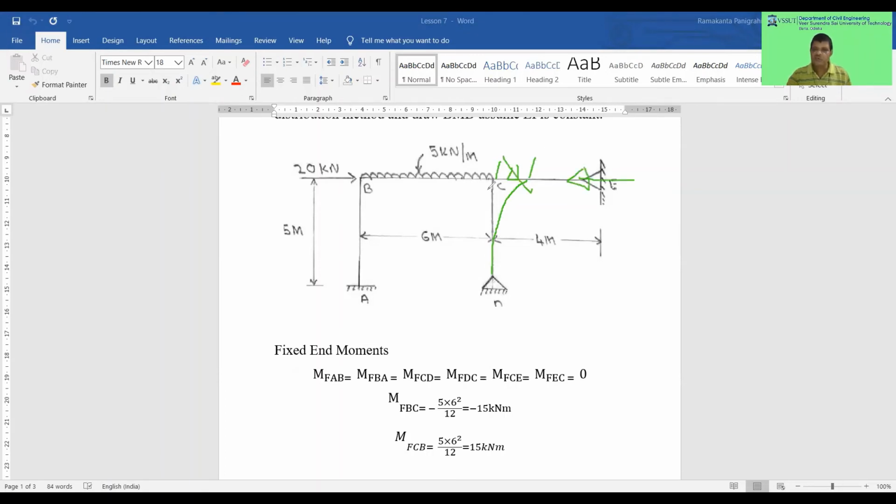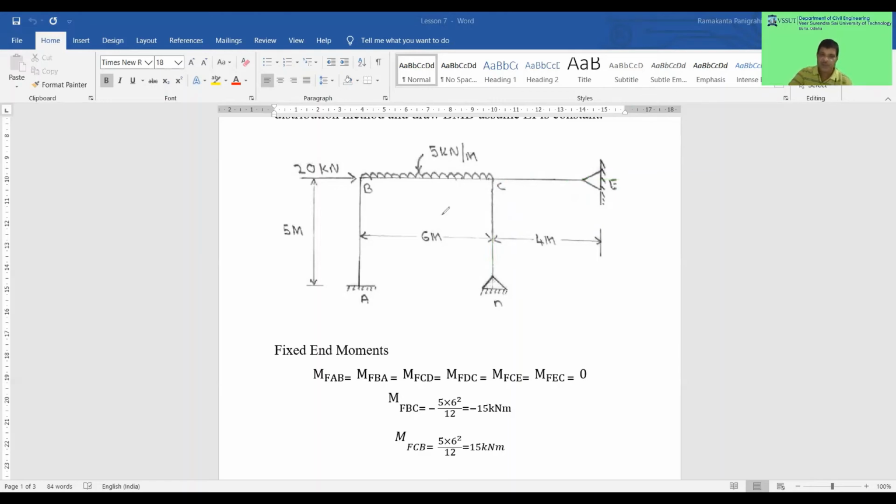So there will be no sway. By seeing the problem, you have to decide whether it will sway or not, because the analysis for a sway problem is different from the analysis for a non-sway problem. So this is a non-sway problem.